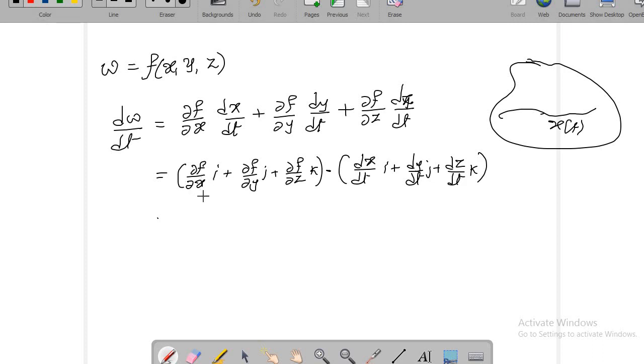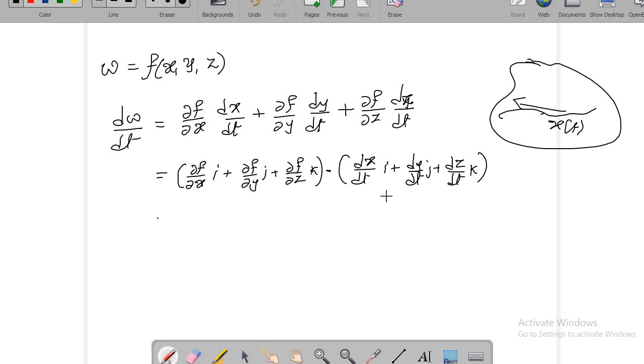Now this vector, if you observe, is exactly the tangent vector, dx by dt, dy by dt, dz by dt, which represents the tangent vector to the given curve. So if you want to know the rate of change of this function, first you take this vector, dot product with the tangent vector. It means in whichever direction you want the rate of change.